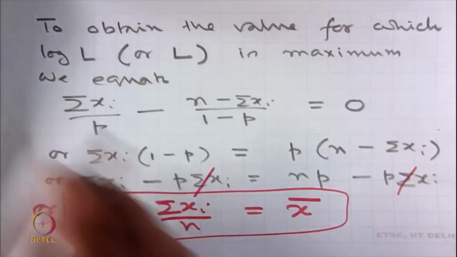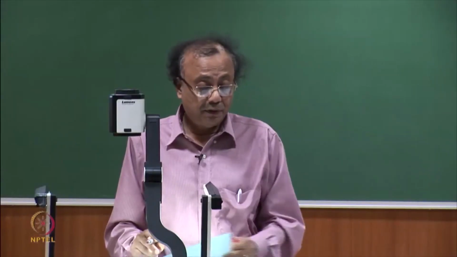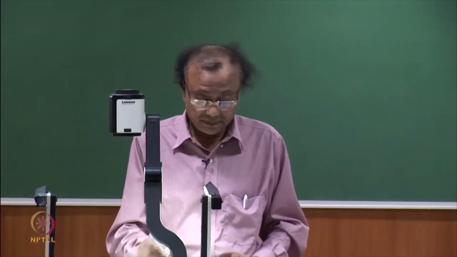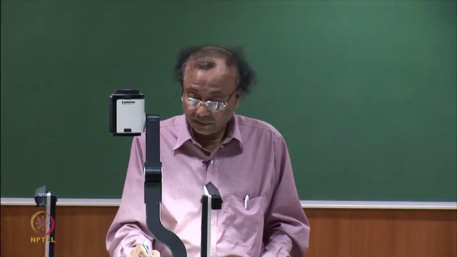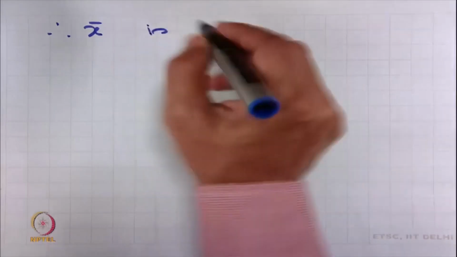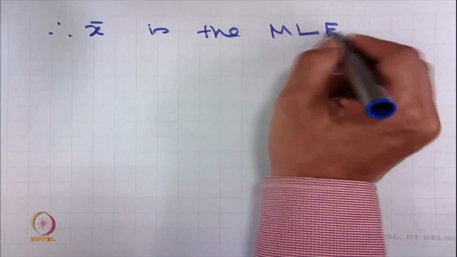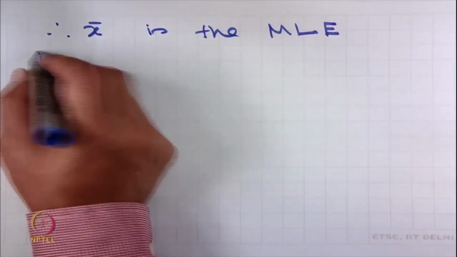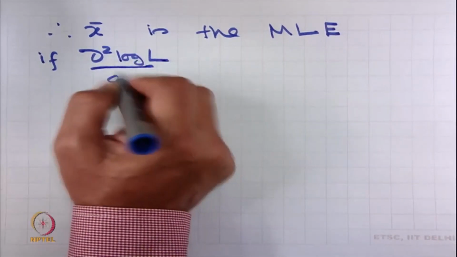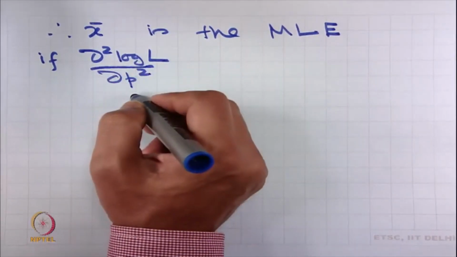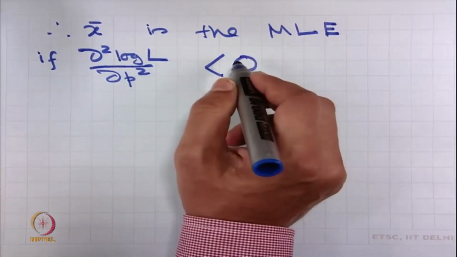Therefore, x bar can be a possible solution, provided del 2 log L del p square, because theta is equal to p, is less than 0.